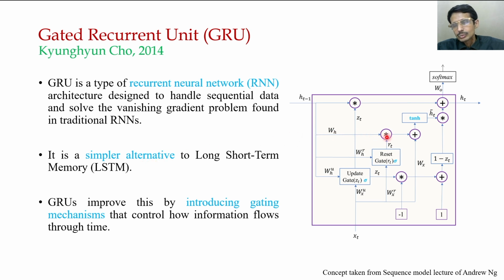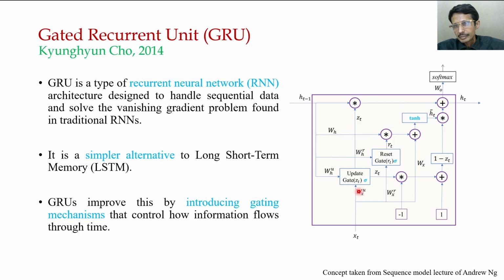Now, before going to discuss in detail, this is the overall architecture of a single node of a GRU. As we have seen here, there are mainly two inputs: one is h t minus one, the input from the previous state, and the current input, x t.